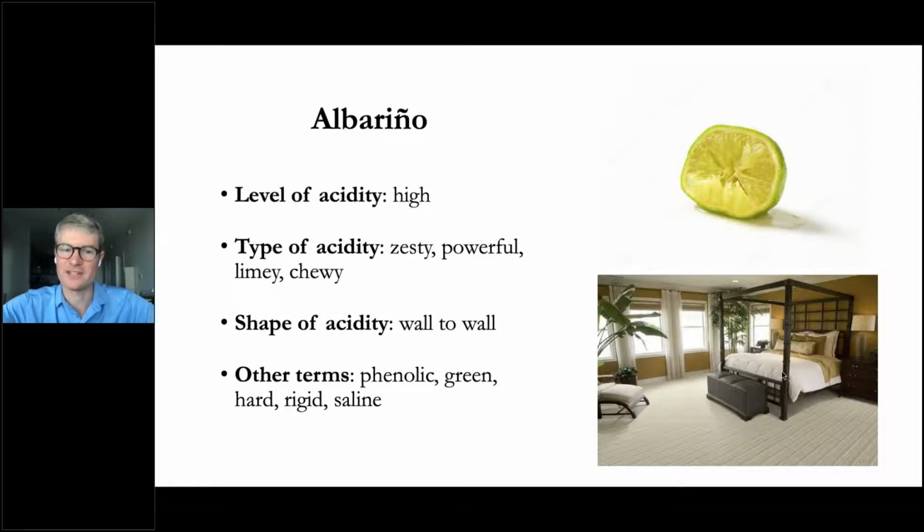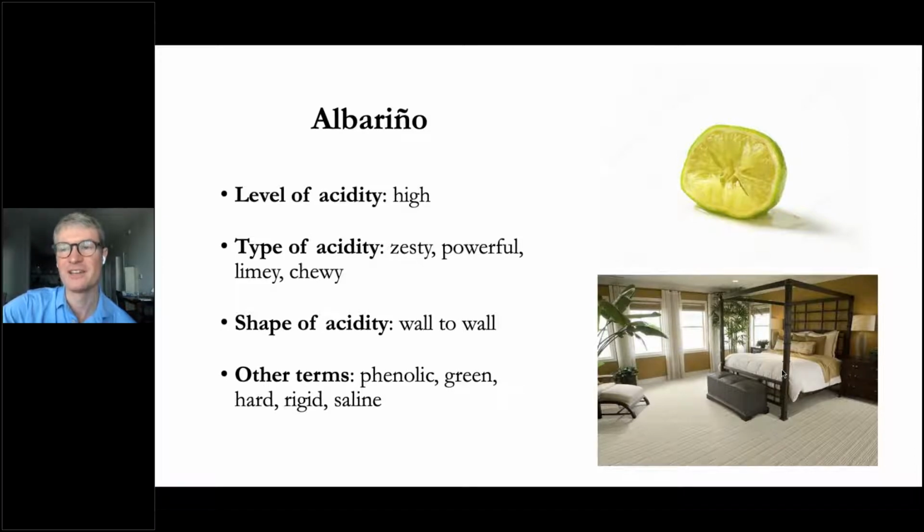The shape of the acidity, this is the one that I call wall to wall, and you can see my illustration of it in the bottom right of this slide, because it's wall to wall carpet, like in a home furnishings catalog.